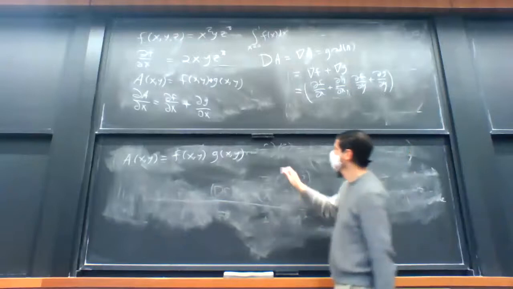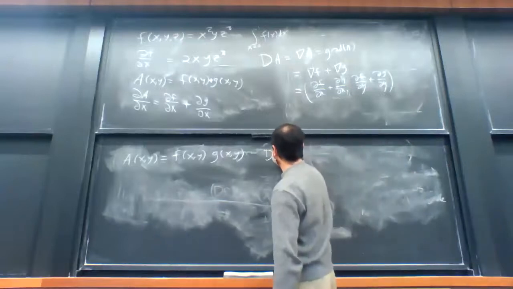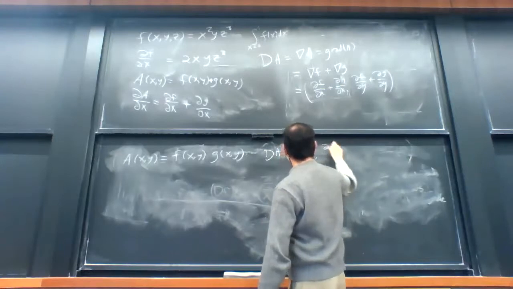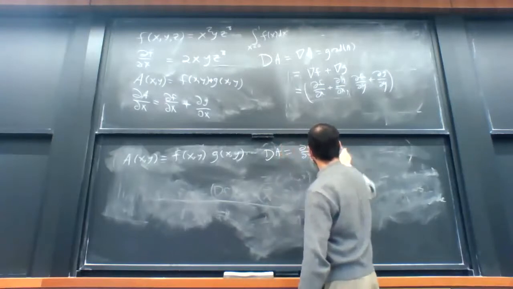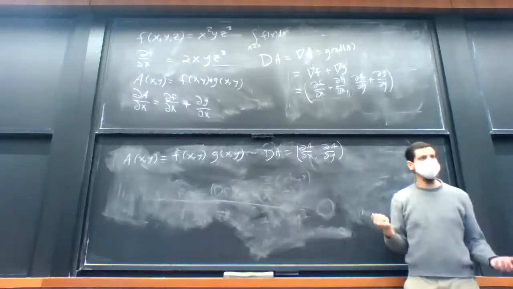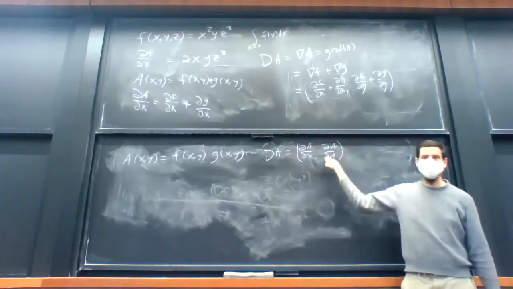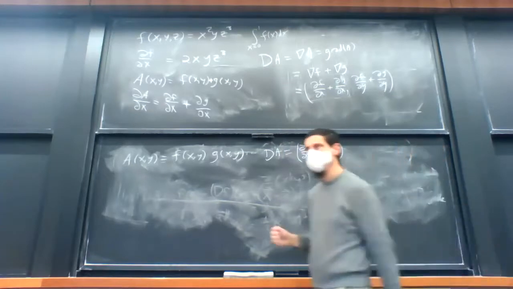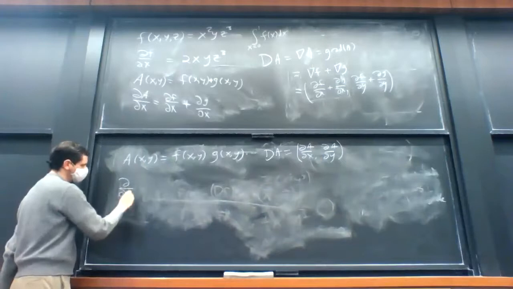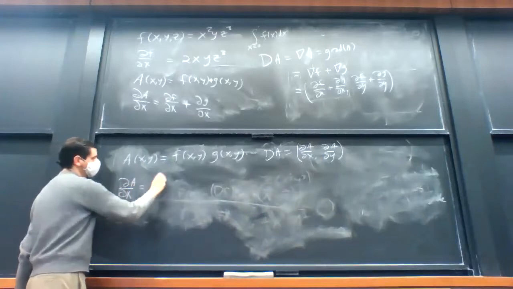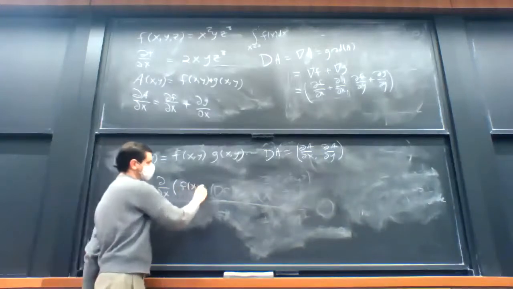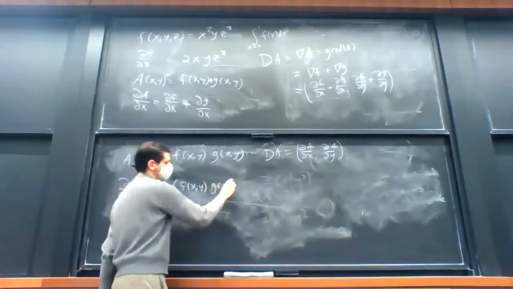So we know that the derivative of A is just dA/dx, dA/dy. Okay, we just have to figure out what the different partials are. That's not so bad. So d/dx of A would be d/dx of f of x, y times g of x, y.